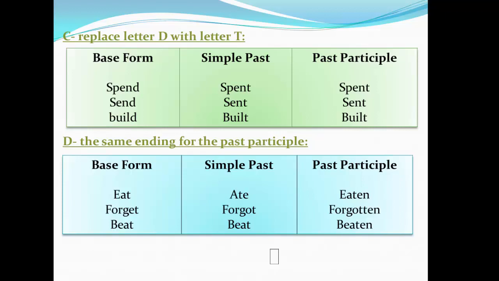There are some irregular verbs which have the same ending for the past participle, which is EN at the end. Okay, EN, sorry. Like the verb eat, eat يعني يأكل. Eat in the simple past, ate and past participle eaten.